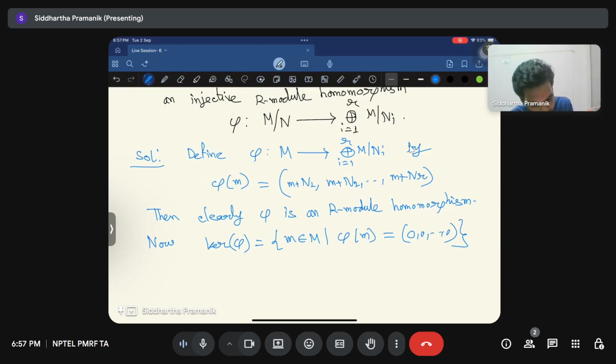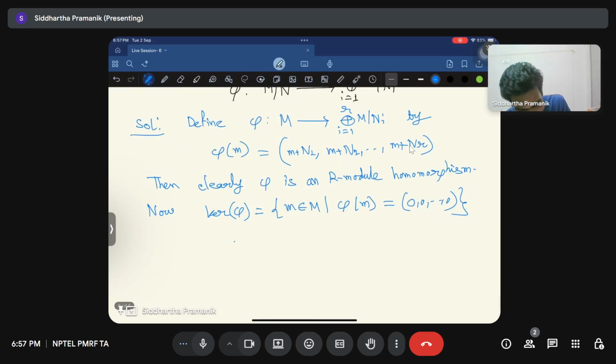If we write it more clearly, it is all those elements of the module M such that, what is phi of m? Let's write it down. It is m plus N1, m plus N2, and so on, m plus Nr. This tuple is the same as the 0 tuple.